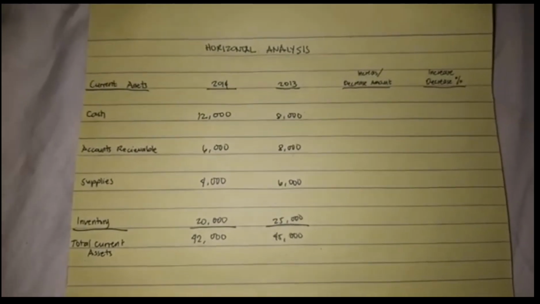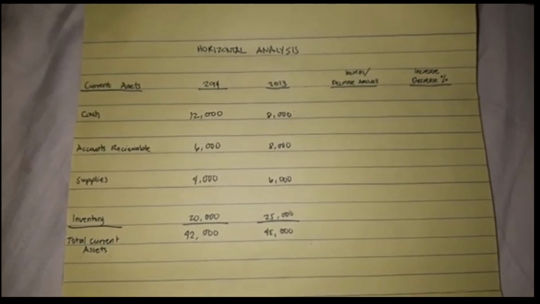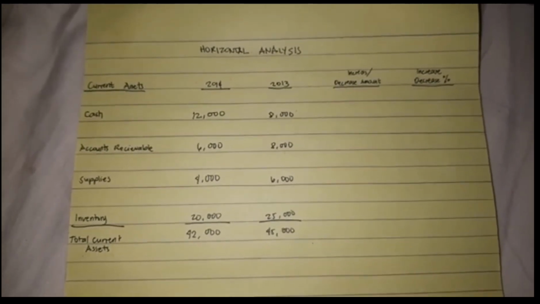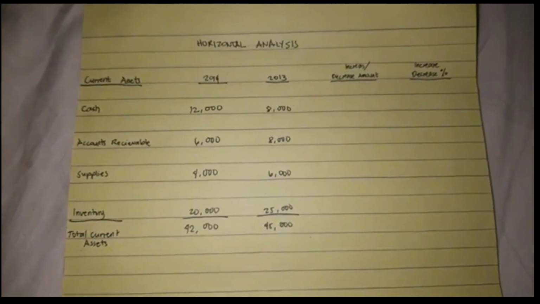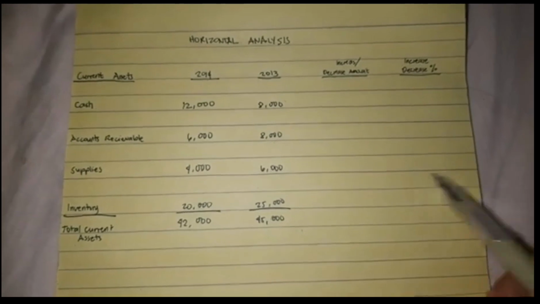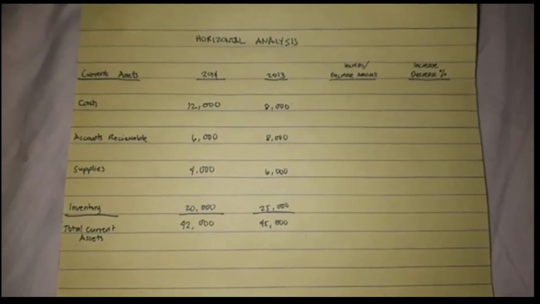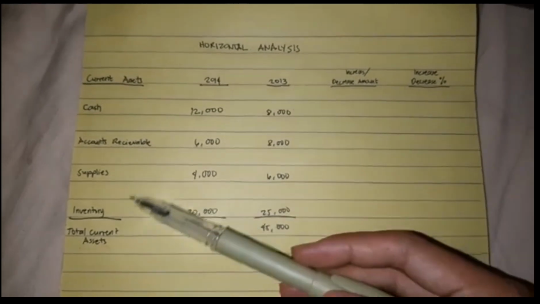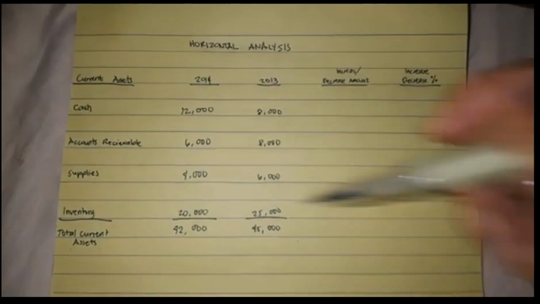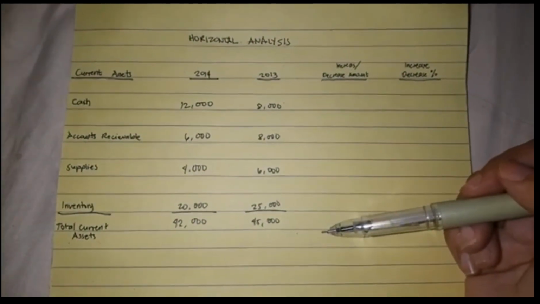Today I'll be showing you some brief information about the horizontal analysis and how it's used in companies, and then how to calculate it. So as you can see here, I've taken the balance sheet and focused it a little more on one specific area, which is current assets. So I have 4 different accounts in my total current assets.